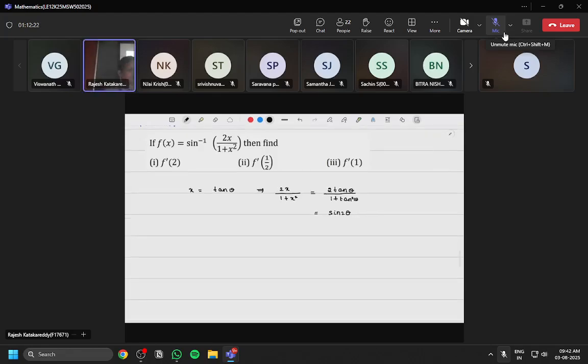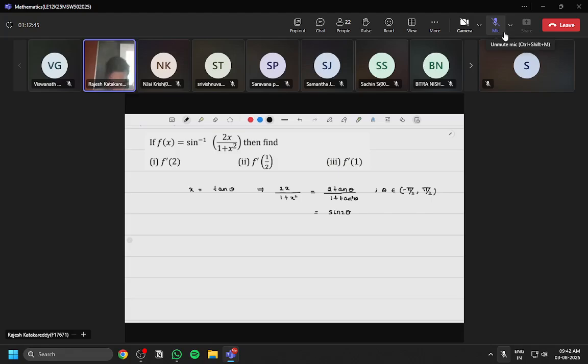Now x belongs to real, theta belongs to minus pi by 2 to plus pi by 2. In this interval, tan theta covers all the values starting from minus infinity going till plus infinity. Clear?